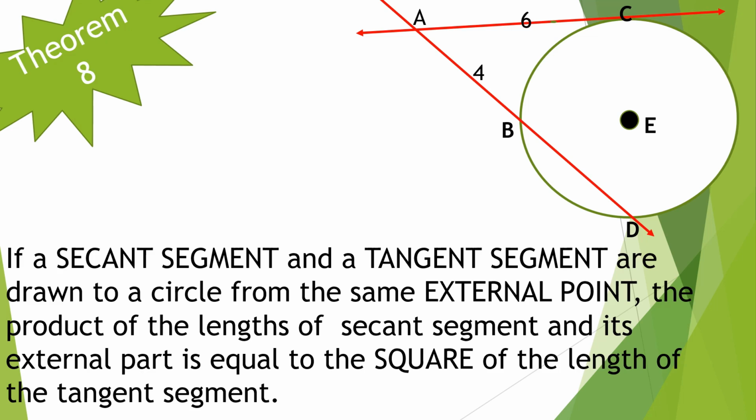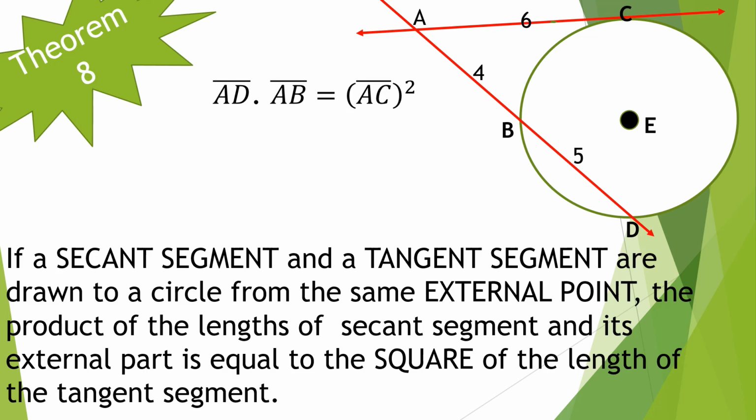Supposedly, we have here AB is 4, AD is 9. So 4 plus 5, that is 9. BD is 5 and AC is equal to 6. So how do we solve for that?